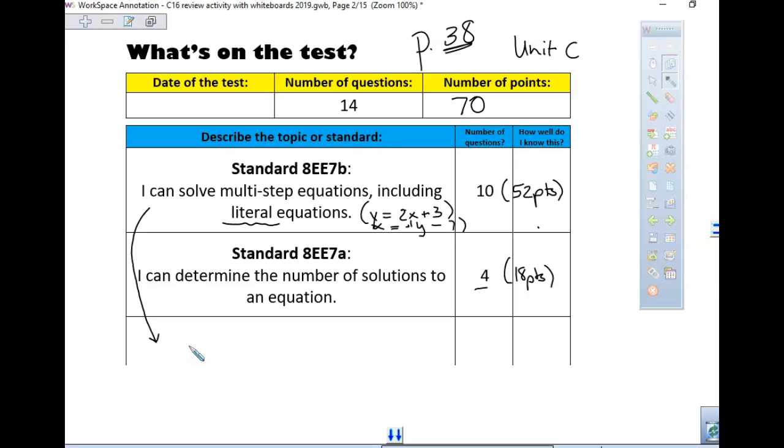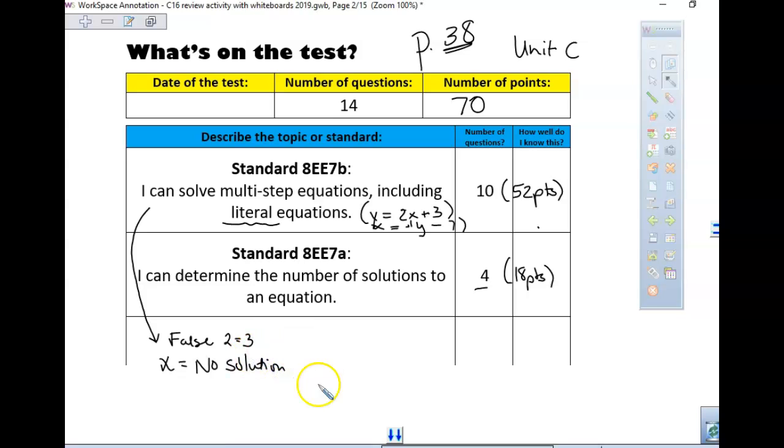The first thing when I look at solving multi-step, what you had to do on your last quiz and you'll do on this test is tell me, what if it's a false statement, like 2 equals 3. You had to then tell me x was equal to no solution.